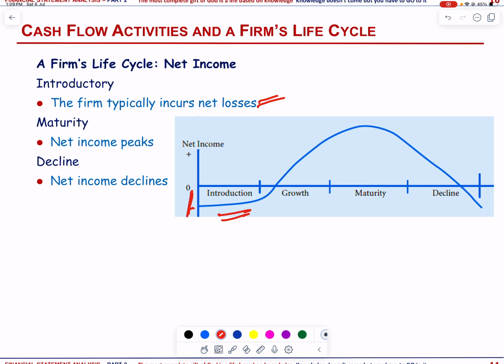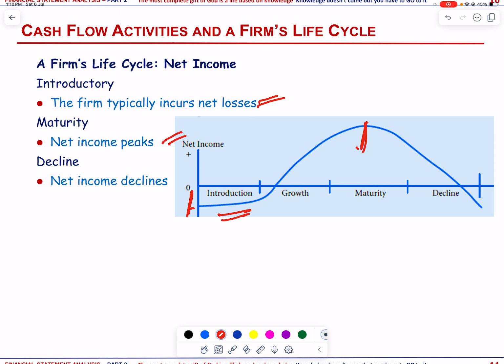During the maturity stage, net income peaks during the maturity phase, and this is when revenue stabilize and the firm achieve maximum profitability as it gains market share and optimizes operations.